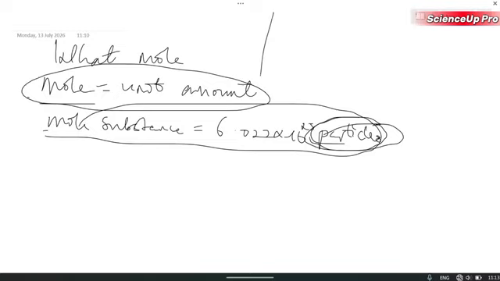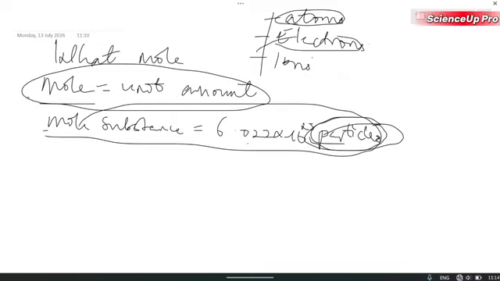These particles could be atoms, electrons, or ions as well. So you can define a mole as the amount of substance present in 6.022 times 10 to the power 23 atoms, or in 6.022 times 10 to the power 23 electrons, and so on.